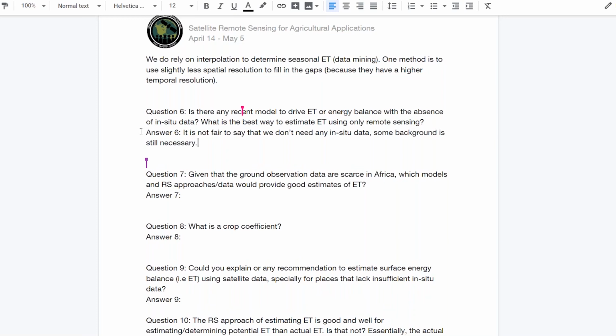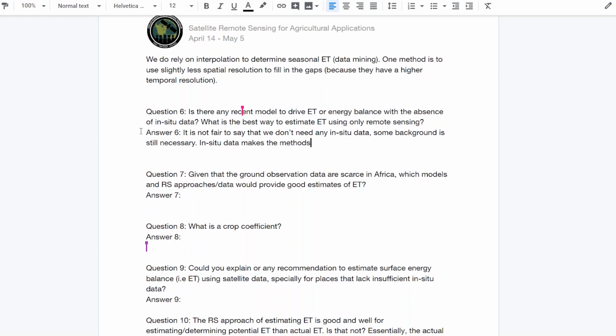So sometimes in situ data is helpful to correct some of those errors. So it's probably not fair to say that we don't need in situ data. I think when we have in situ data, it makes the methods more robust. But generally, a lot of these remote sensing methods do not rely on in situ data.